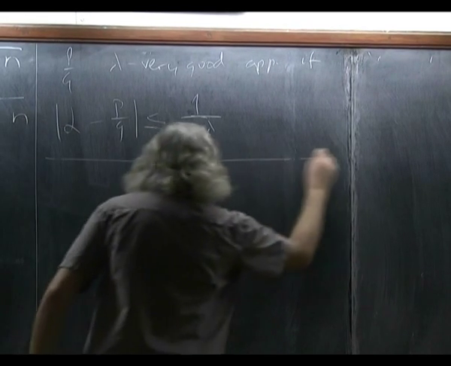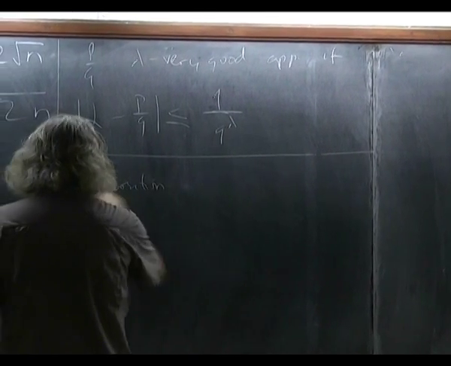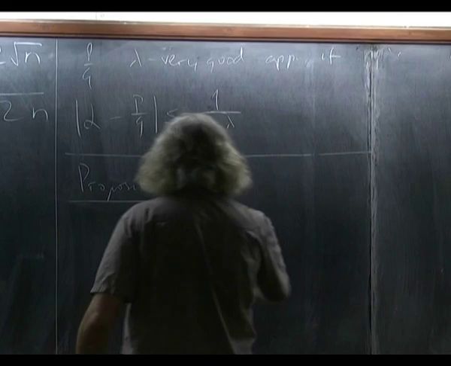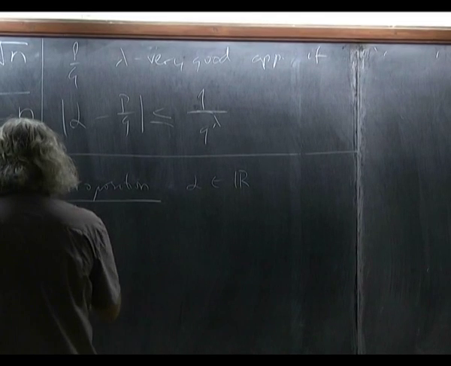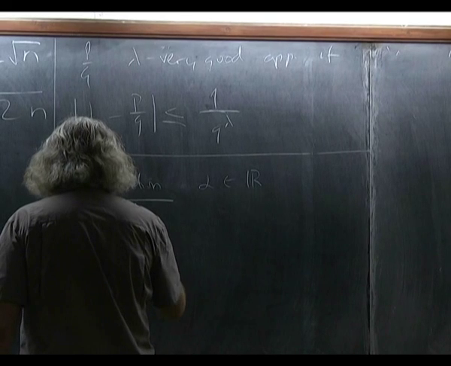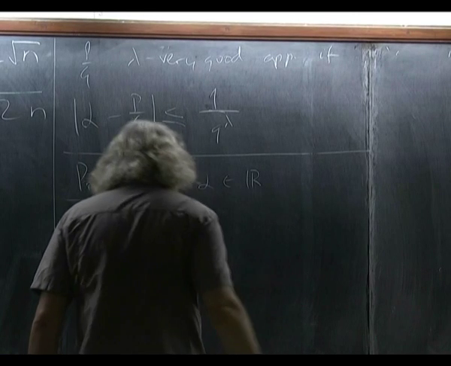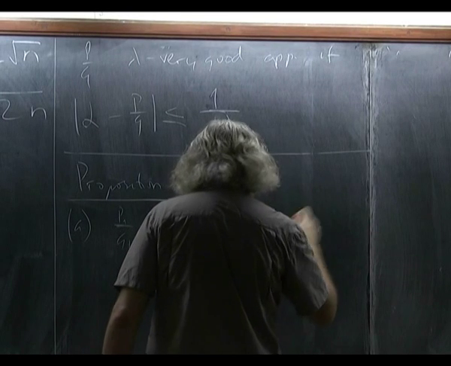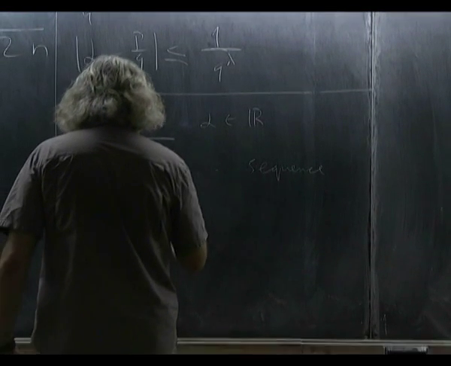Now, proposition. So let alpha be a real number. And part A. Assume that P1 over Q1, P2 over Q2, etc., be an infinite sequence of C-good approximations.